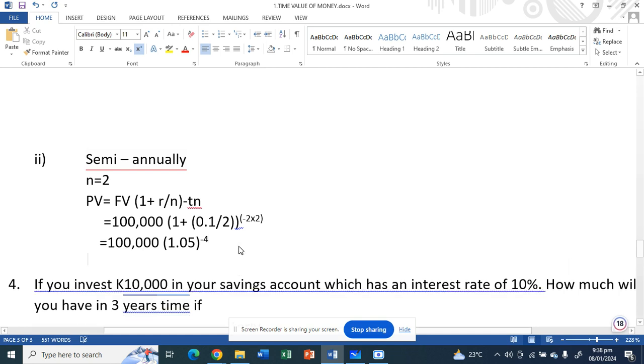All right, next thing that we need to do, we need to find what is 1.05 to the power negative 4? 0.822.